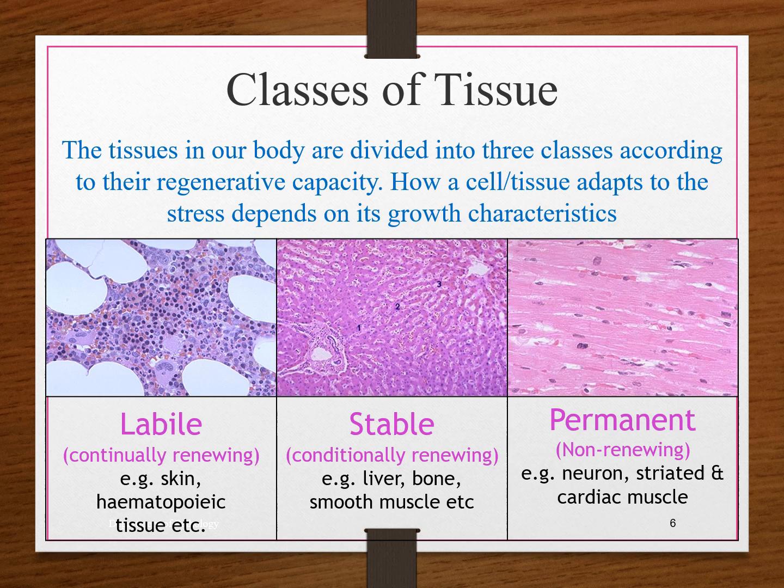Labile, continually renewing; stable, conditionally renewing; permanent, non-renewing. Examples for labile cells are skin, hematopoietic tissues. Examples for stable cells are liver, bone, smooth muscle, and so on. Permanent cells examples are neurons, striated muscles, cardiac muscles.